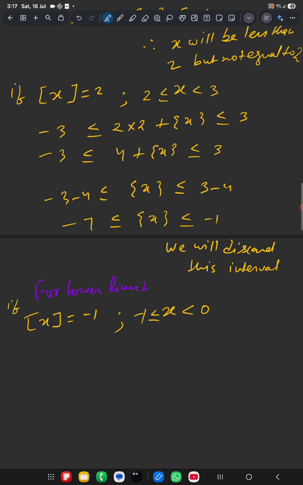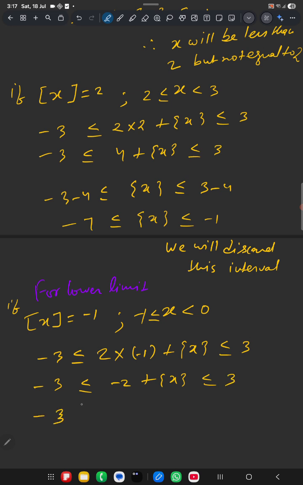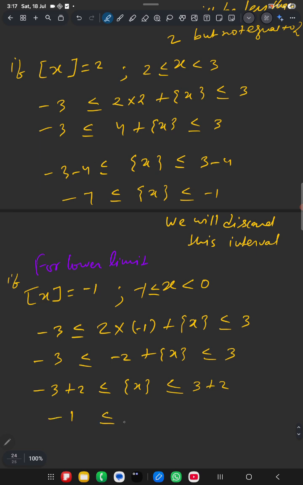Now in this case what happens to your inequality? Your inequality says minus 3 less than or equal to 2 into minus 1 plus fractional part of x, less than or equal to 3. So this will give you minus 3 plus 2, fractional part of x, and 3 plus 2. So you are getting minus 1, fractional part of x, and 5.